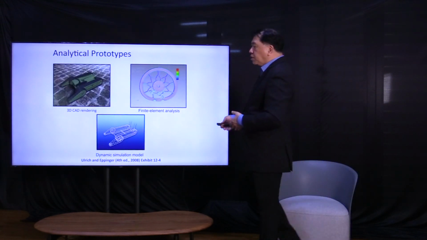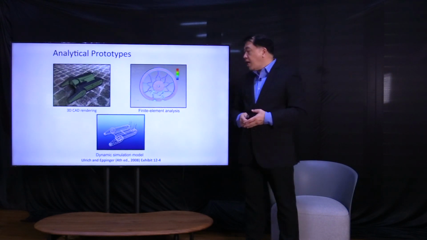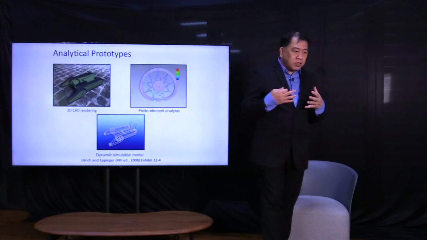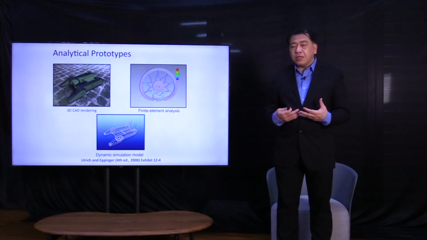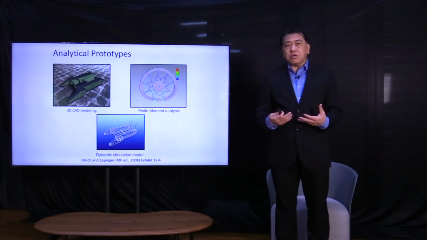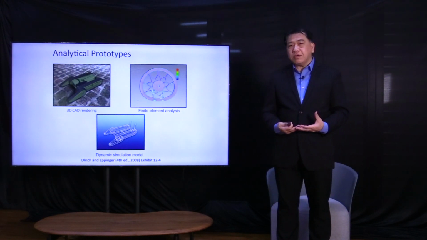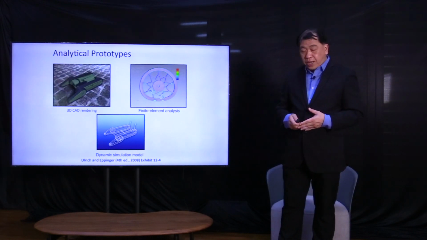You have the analytical model, 3D CAD modeling, finite element analysis, the FEA, to see whether it breaks or not, and then the dynamic simulation model of how it works. So it depends on the software simulation tools and the expertise that you have, you can then progress to different stages of prototyping.